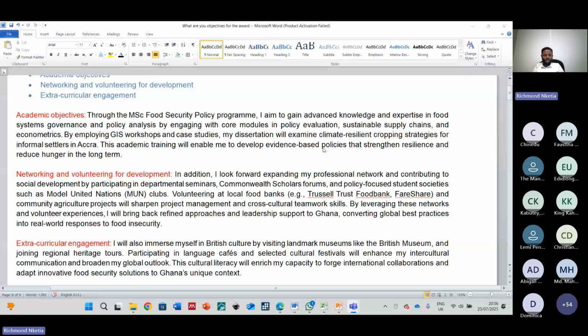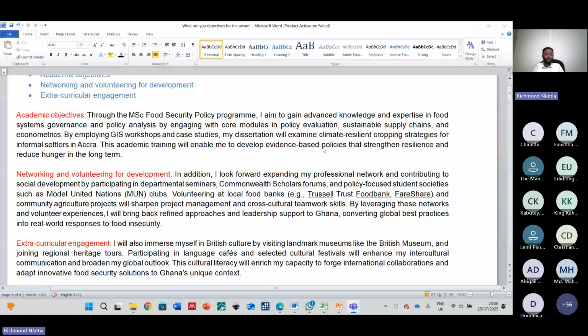Then I come to the networking and volunteering. So in addition, I look forward to expanding my professional network and contributing to social development by participating in departmental seminars, Commonwealth Scholars Forums, and policy-focused student societies. So I gave examples, like Model United Nations clubs. I also want to volunteer at local food banks.